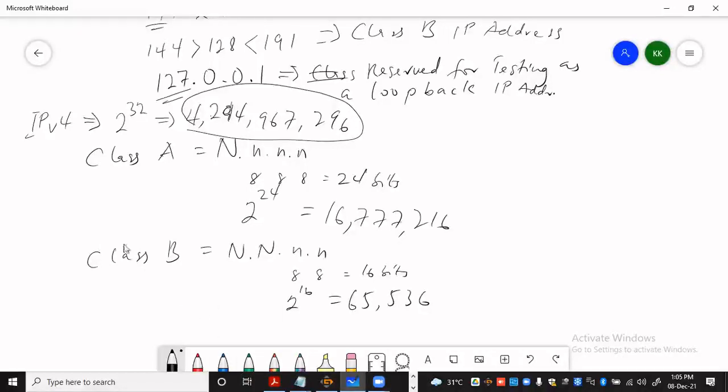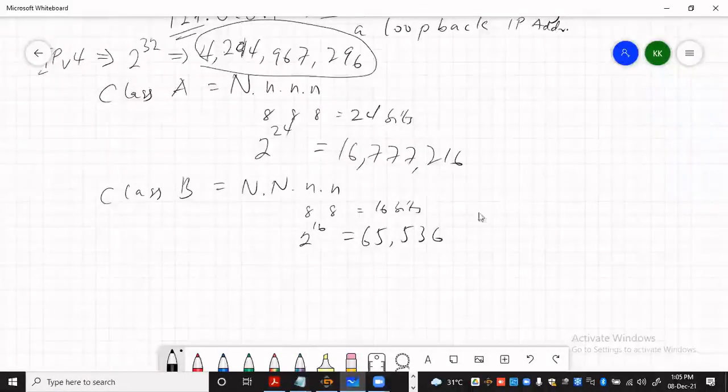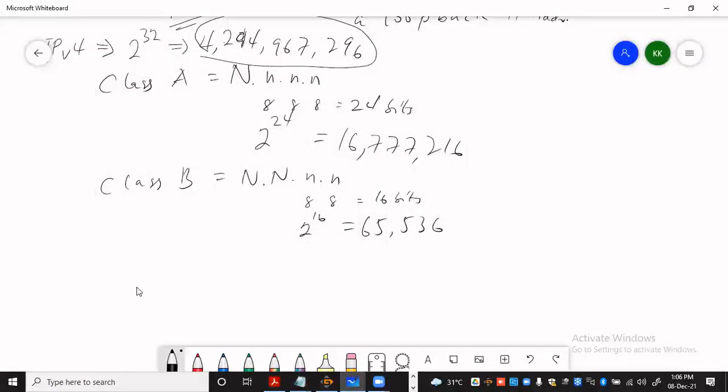Then if you move on to class C, you have 3 octets used for the network and only 1 octet used for the node. So you only have 8 bits, which means 2 raised to the power 8, which gives you 256.